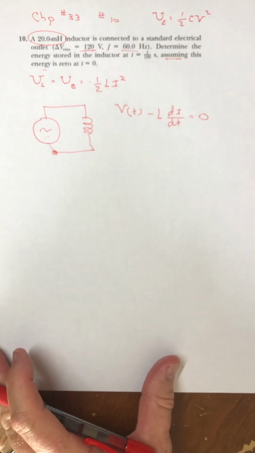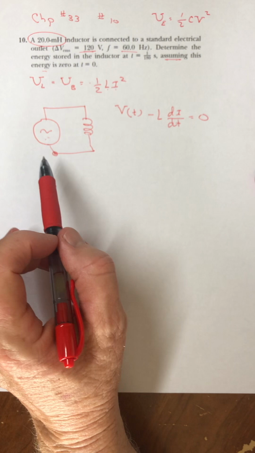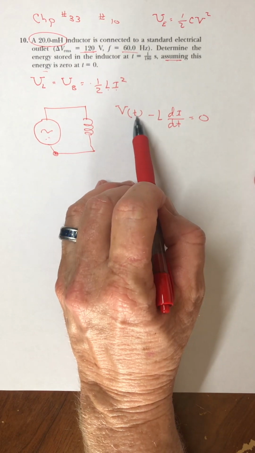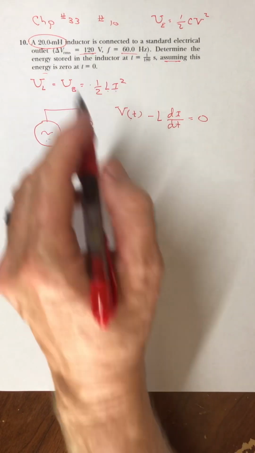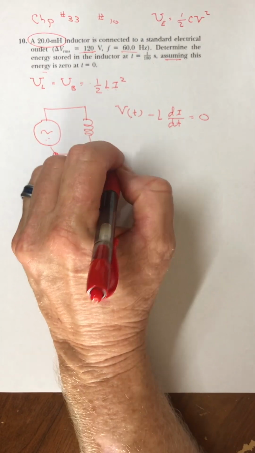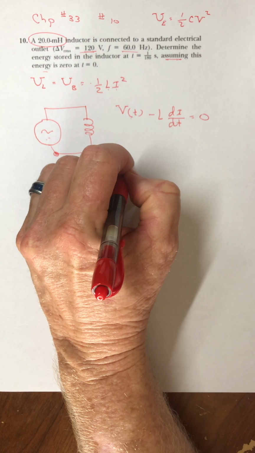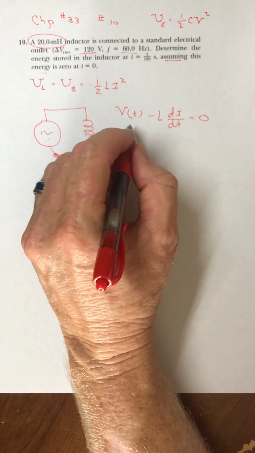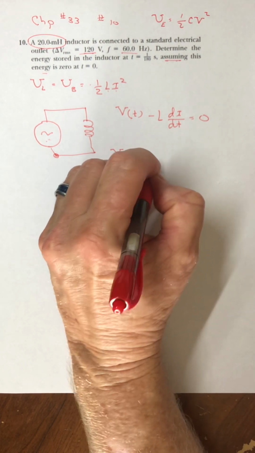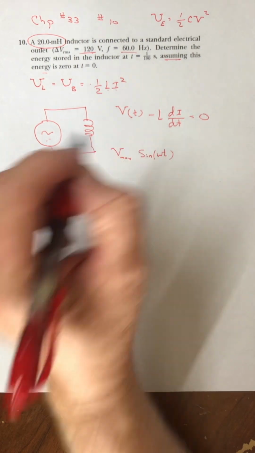So there's only two elements in our loop, the power source, which changes with time, and the inductor. And the power source is some maximum voltage times, and here's what I'm getting at, in class, I put sine omega t.